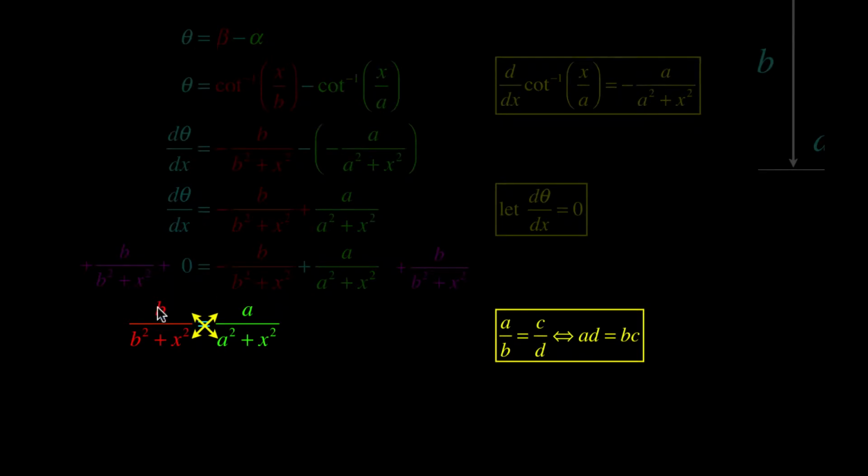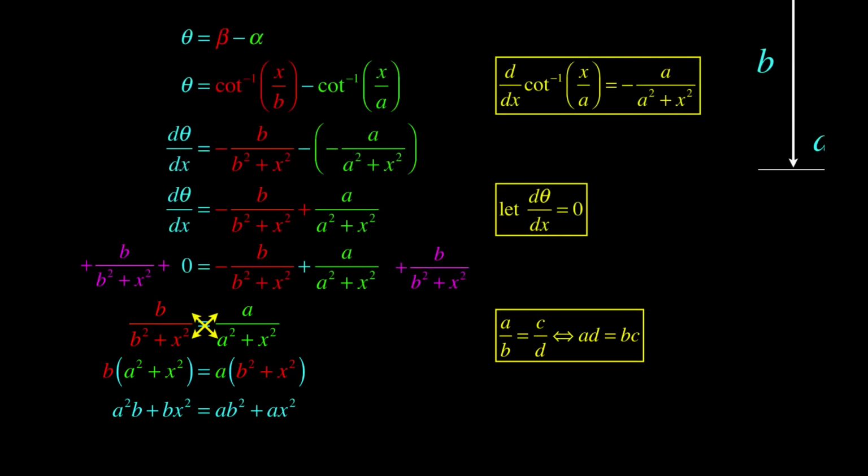So I'm going to take the b and multiply it with this denominator, and the a and multiply it with this denominator to produce b times (a squared plus x squared) equaling a times (b squared plus x squared). Next I'm going to expand, so I get a squared b plus b times x squared, which is bx squared, equaling ab squared plus ax squared.